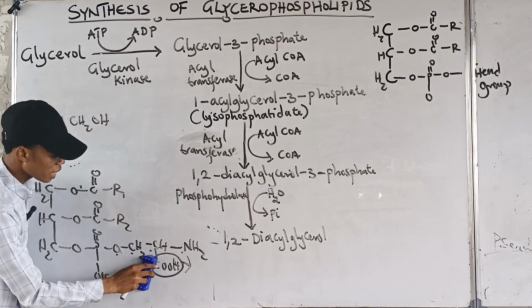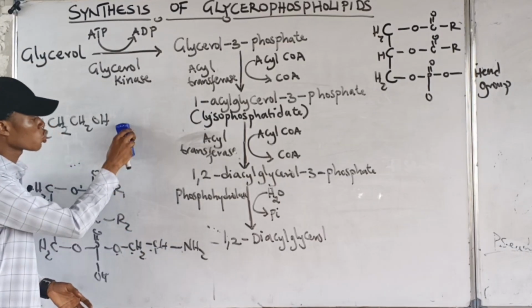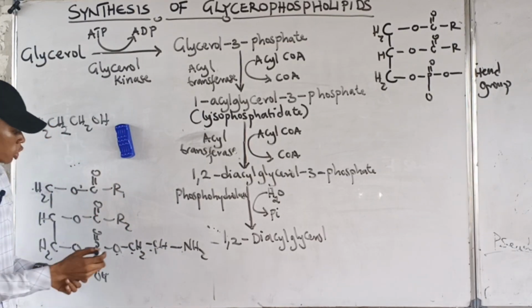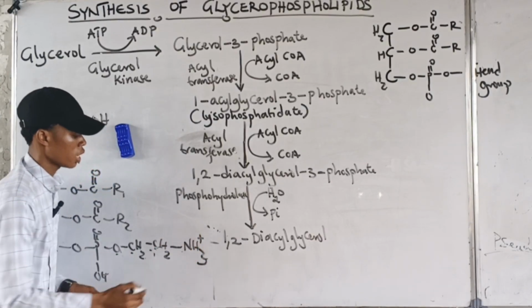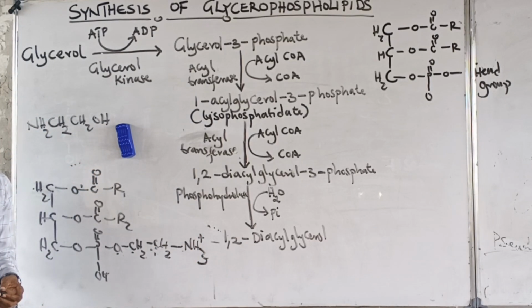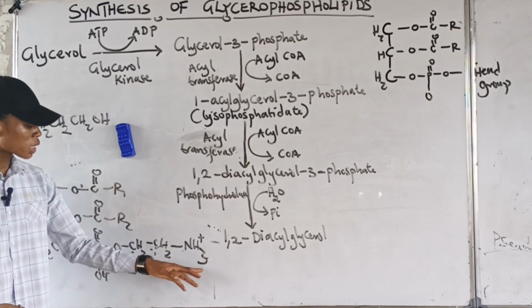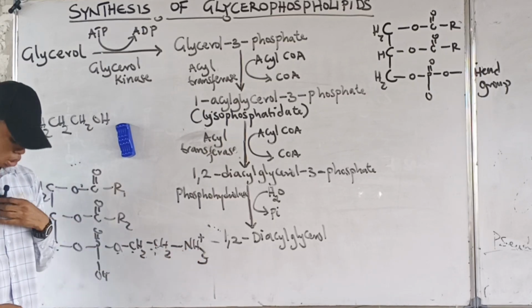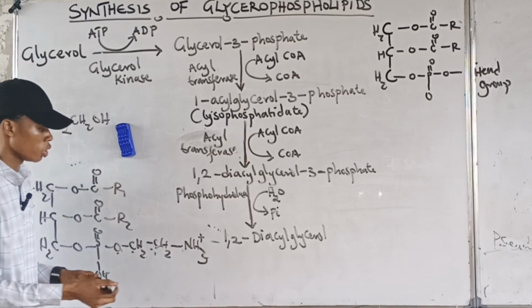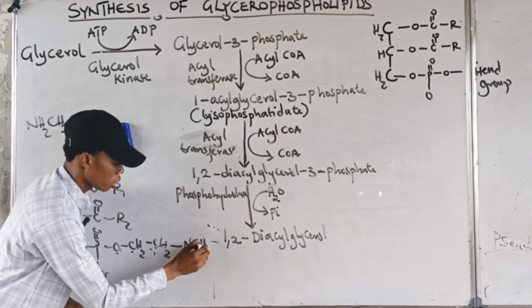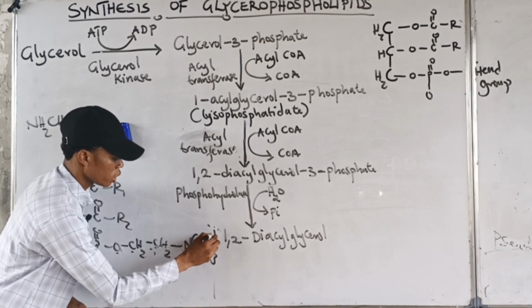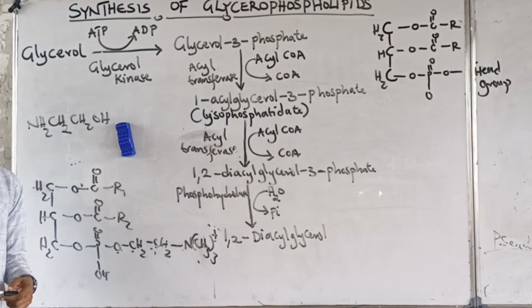So from phosphatidylethanolamine now, if you want to form phosphatidylcholine, you know phosphatidylethanolamine can still be written like this. If I write NH3 plus, I've not changed anything. If I replace all these three hydrogens in phosphatidylethanolamine with CH3, that is, if I have this CH3, three of it, what I can have is phosphatidylcholine.